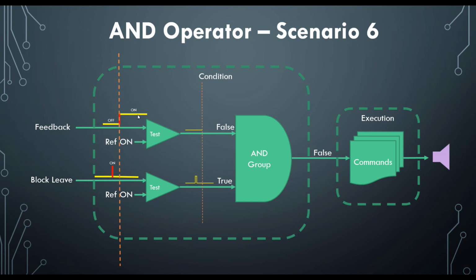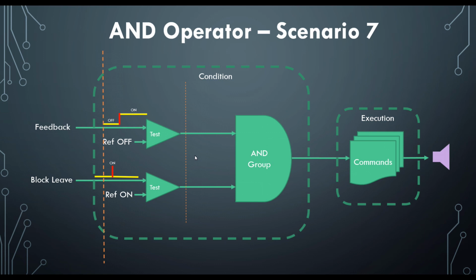This is turning to its on state, so that will become true. This now has changed to its off state here, so this will become false. We have a true and a false, which produces a false. So scenario number 6 never executes.